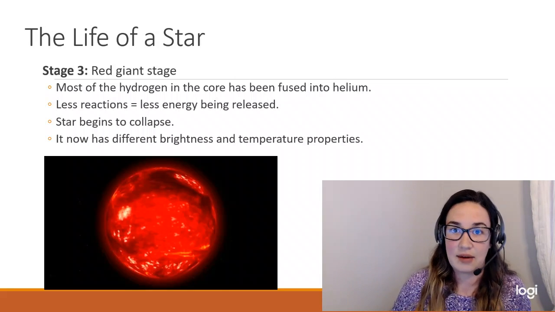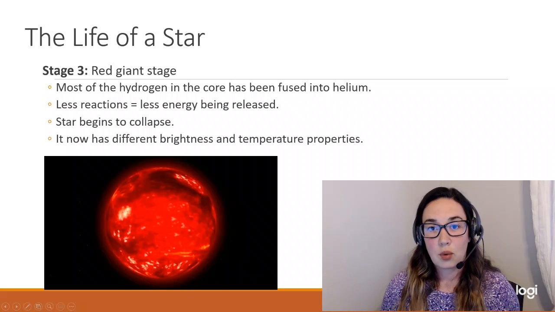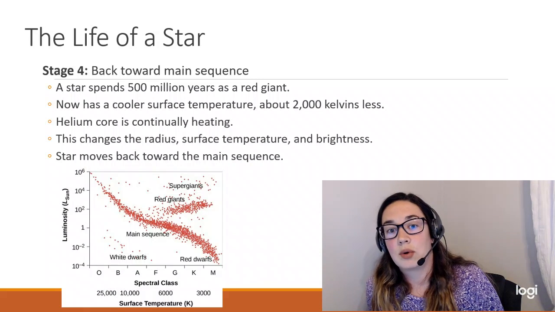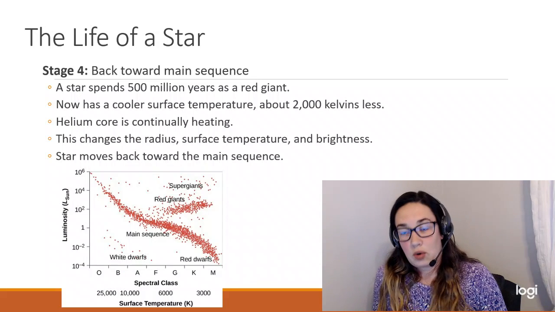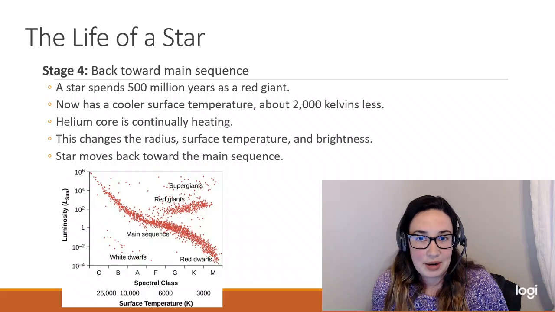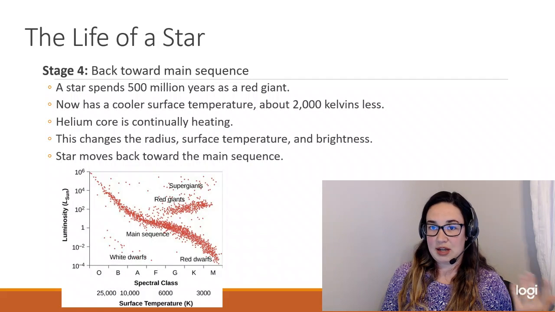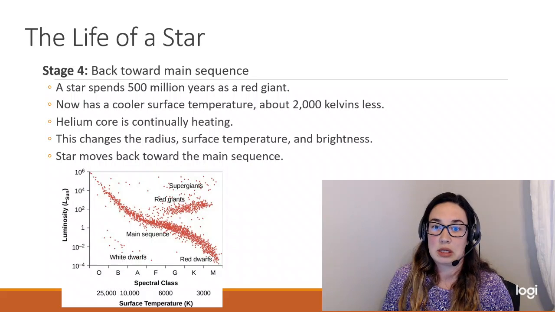What happens after this red giant stage? So surely the star disappears, right? Well, no. What's going to happen is now the star is going to go back towards the main sequence. So if you have just a common everyday star, it's typical for this star to spend approximately 500 million years as a red giant.